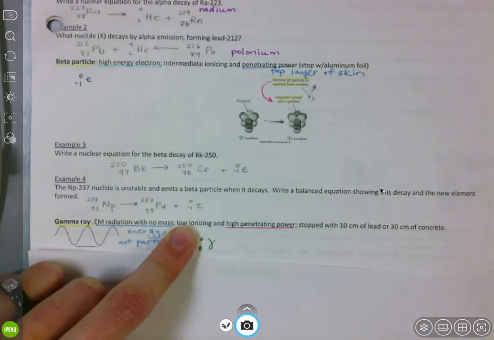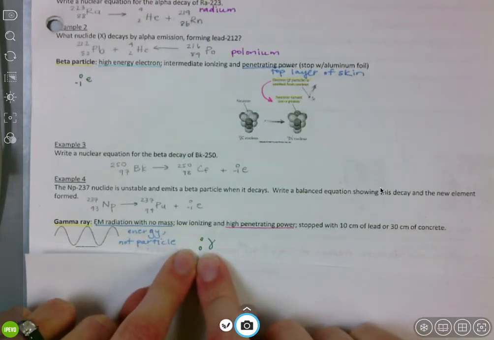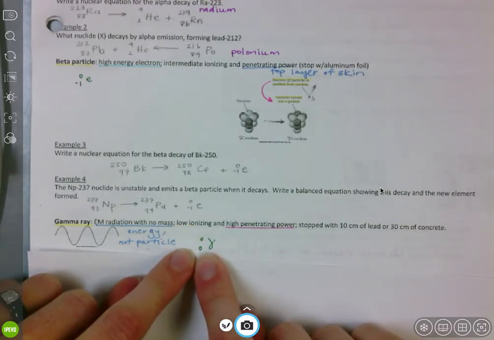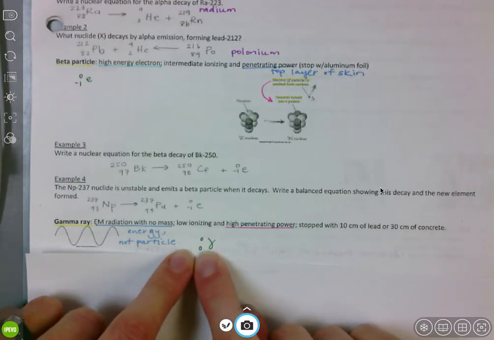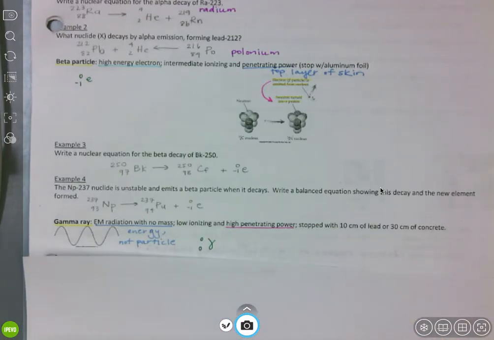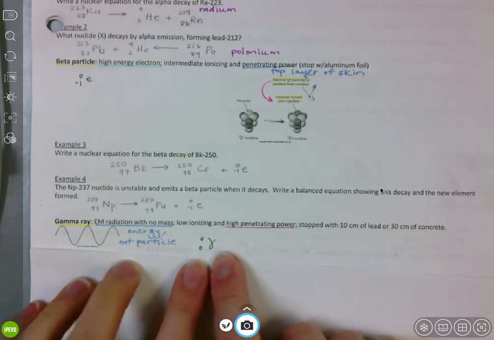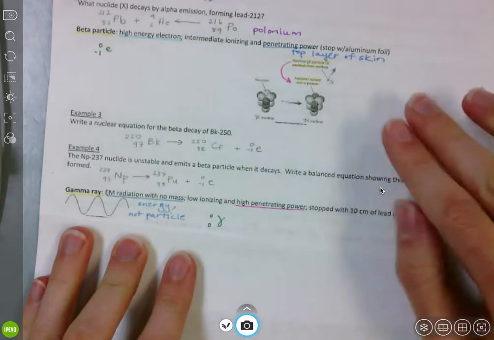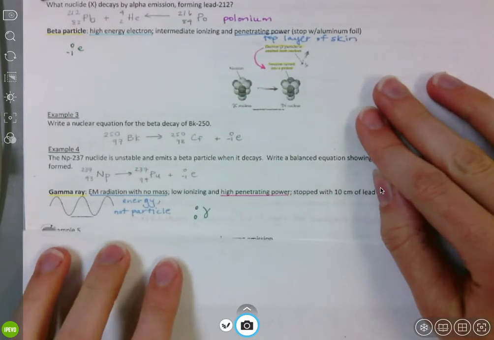This energy has zero mass here, and they don't have a charge, and no protons. So we're going to put a 0 down below, where we would either put the number of protons or the charge. So this is our notation for a gamma ray when we're doing our nuclear equations.